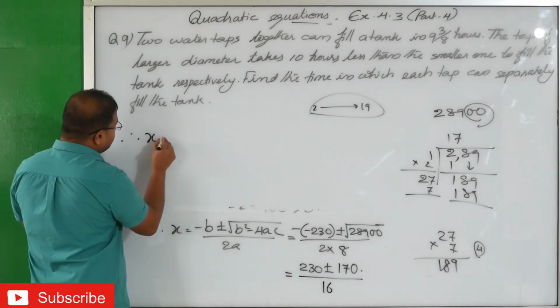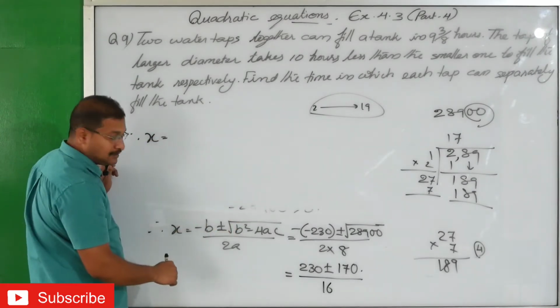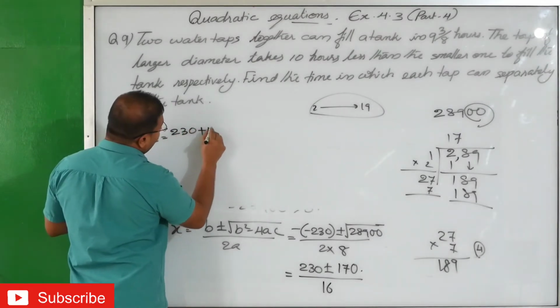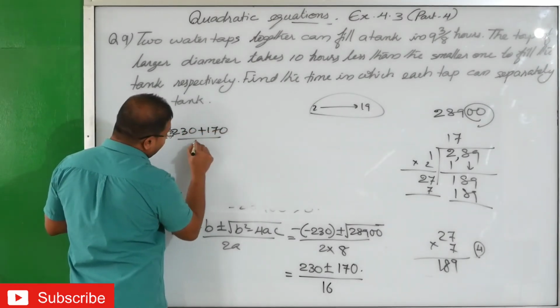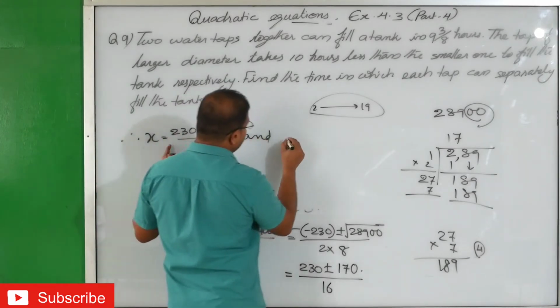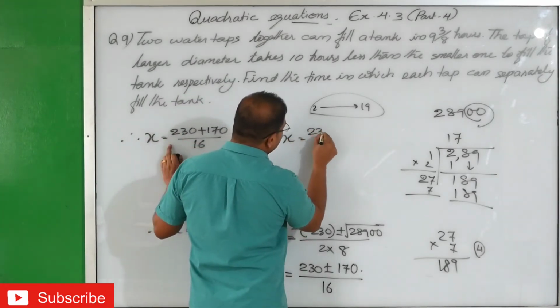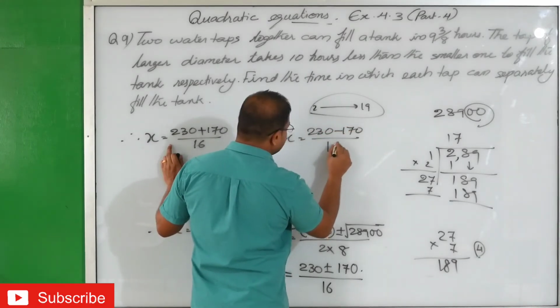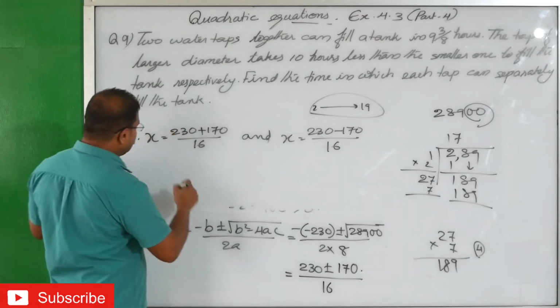Therefore x equals. Now we'll separate the plus and minus. That means 230 plus 170 divided by 16, and one more, x equals 230 minus 170 by 16. Let's do this one.